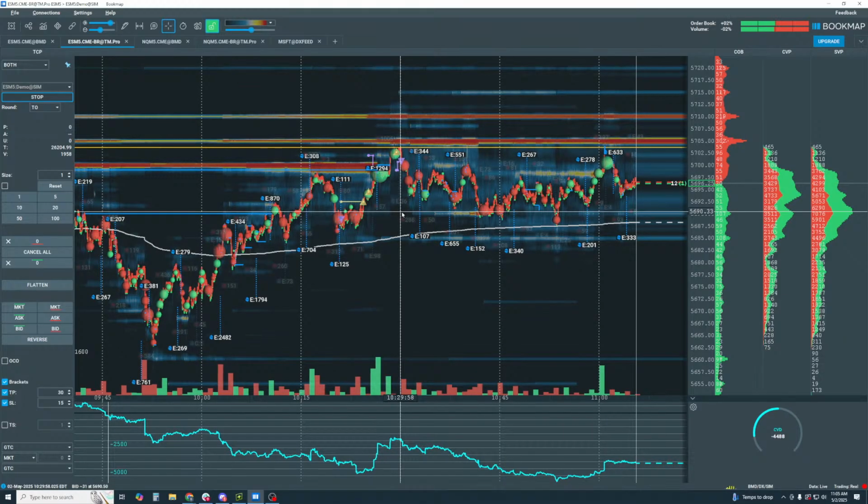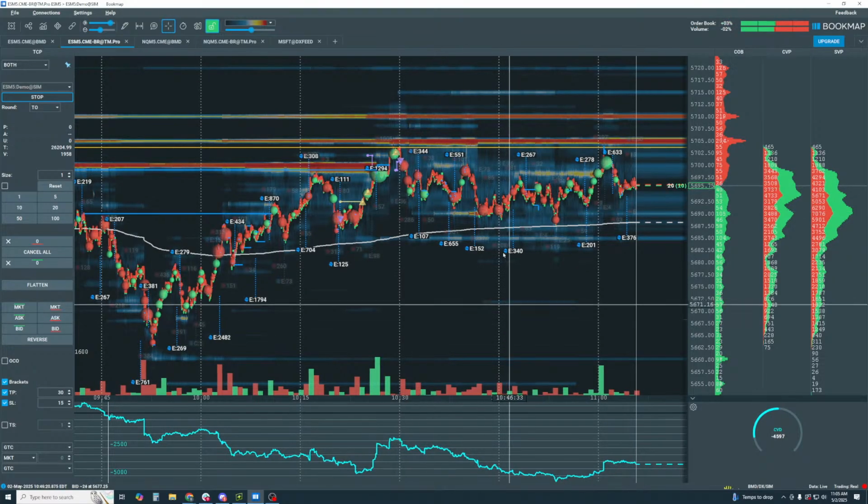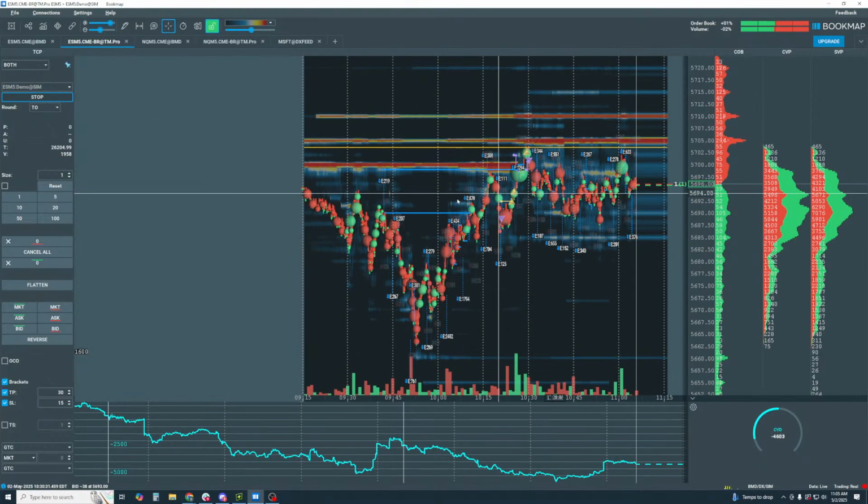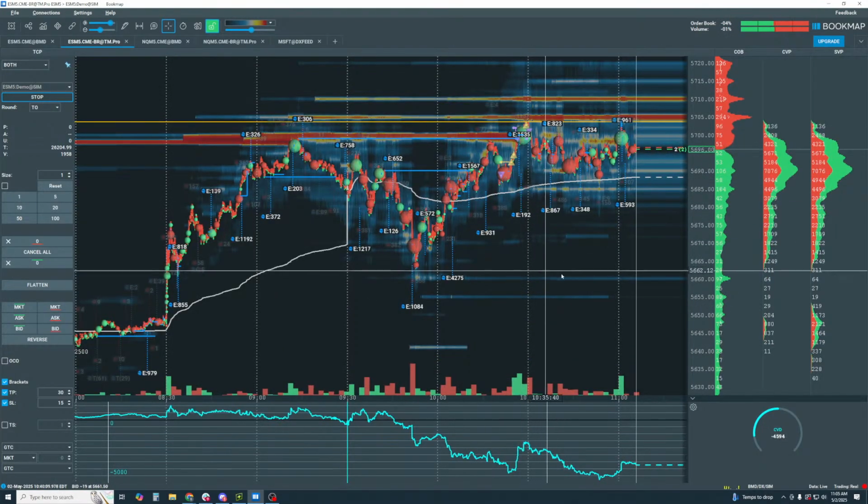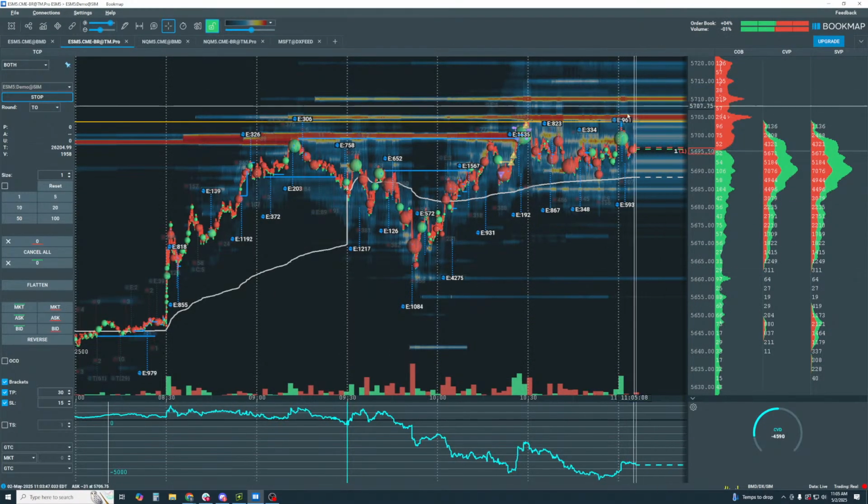It's calmed down a bit, made the action a little more palatable, I think. Whereas before, boy, it would just trade, just like the NASDAQ, to high liquidity, bounce, go down to high liquidity, bounce, etc.